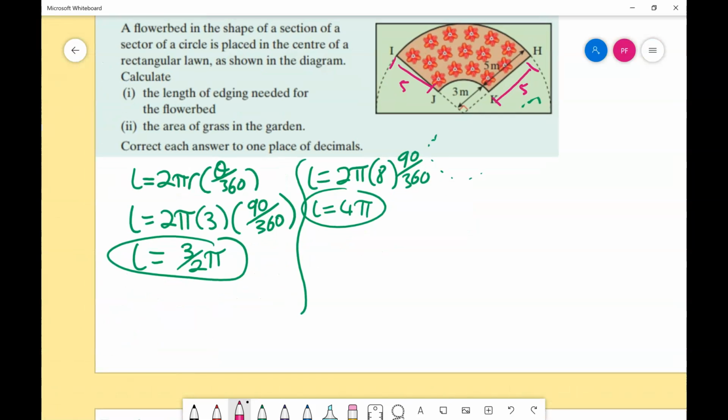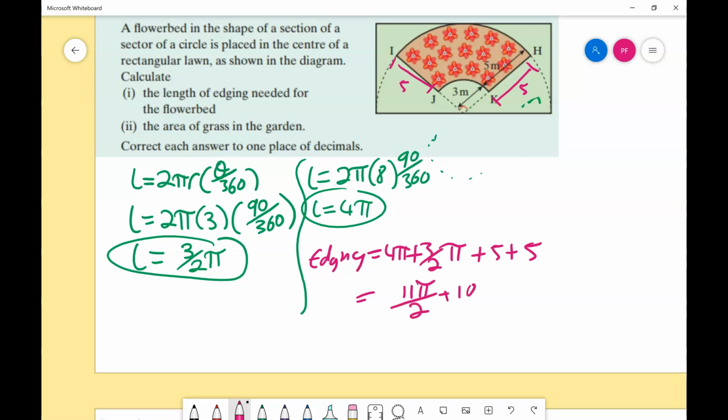So my total length of the edging needed is just going to be 4 pi plus 3 over 2 pi plus 5 plus 5. So that is 11 pi over 2 plus 10, which is 11 pi plus 20 over 2.